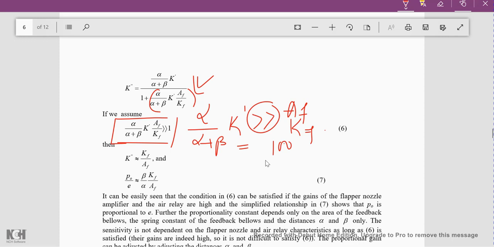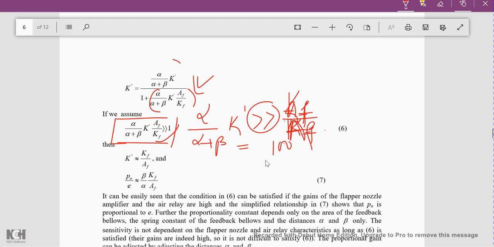Now 100 is far greater than 1, that we can accept. So alpha divided by alpha plus beta times k dash is 100 times af by kf. Sorry, if I take it to the other side it will be kf by af. The numerator will be kf and the denominator will be af, so 100 times kf divided by af.